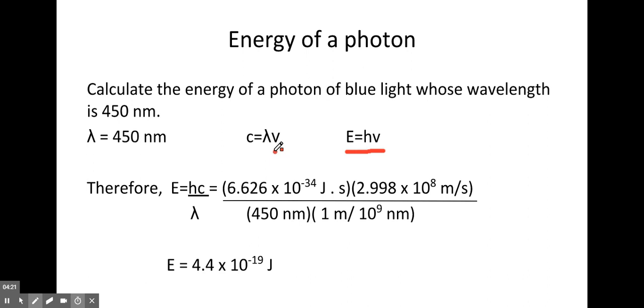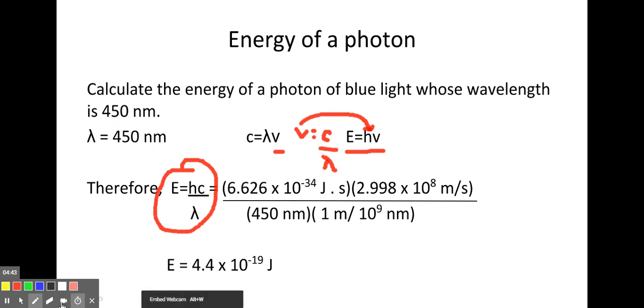But frequency does show up in the equation from the other page. So if we solve this for frequency equal to c over lambda, then we can plug that frequency in and get this equation, where the energy of the photon is equal to Planck's constant times the speed of light divided by the wavelength.